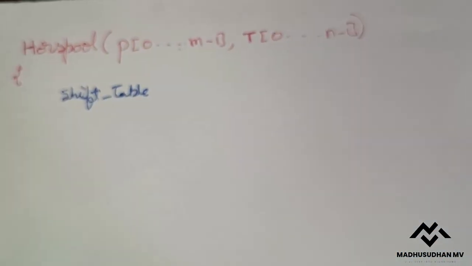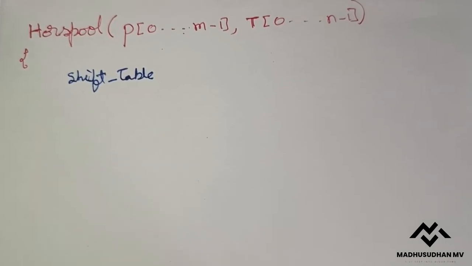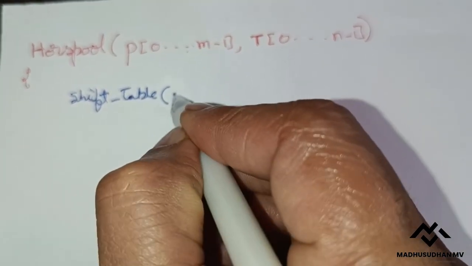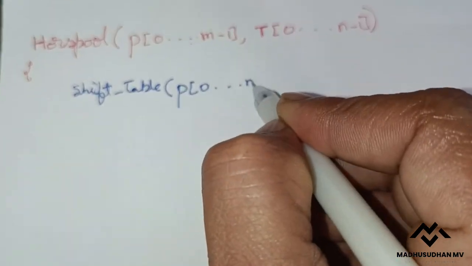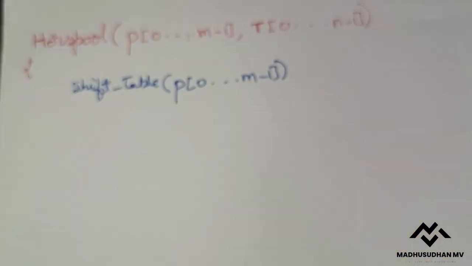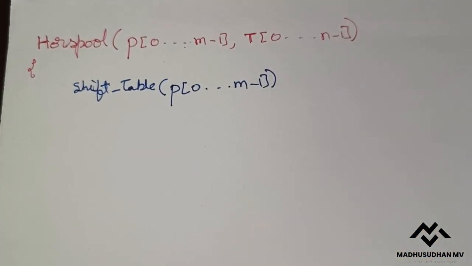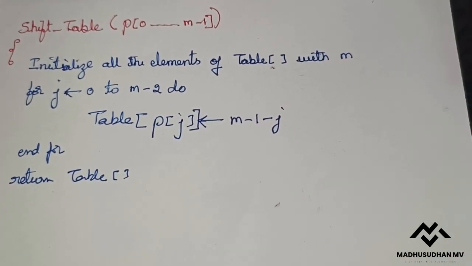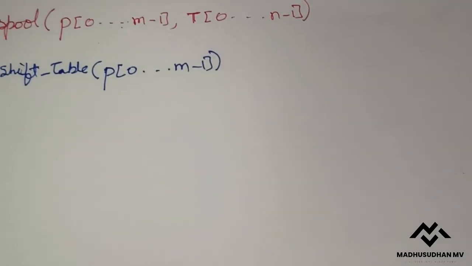Use the same naming convention, shift table. And what parameter do I have to pass? The pattern to be searched. This is the first statement. That means I call the function shift_table, the name I have given. So I call this function in my Horspool algorithm.